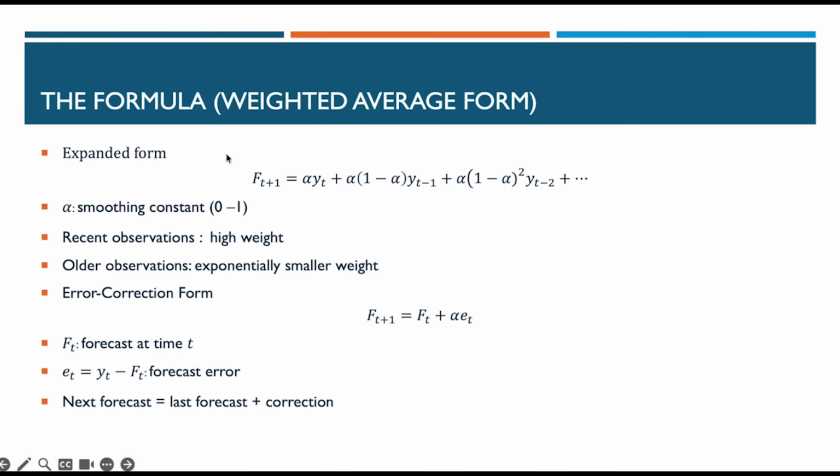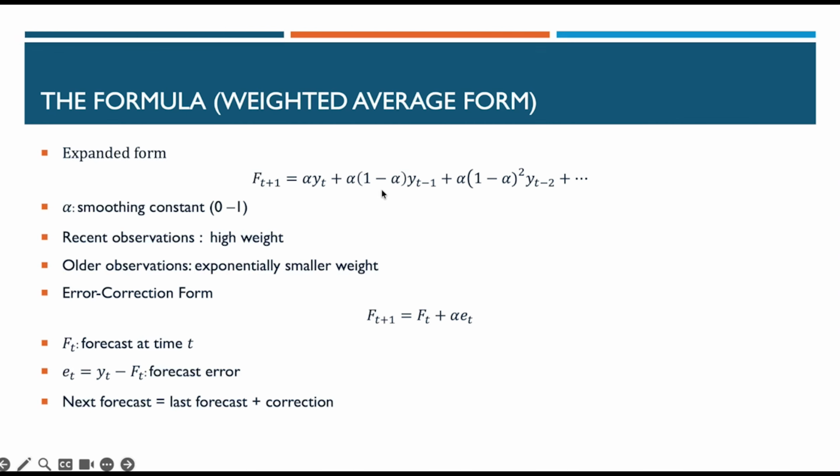To do forecasting, we have Y_t, the previous actual value, Y_{t-1}, the one before, Y_{t-2}, etc. We go back in time, but we multiply each by a factor, called the smoothing constant, which takes values between 0 and 1. Here we multiply by alpha, here alpha times (1 minus alpha), and so on.